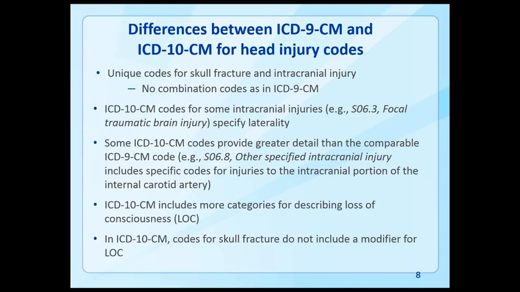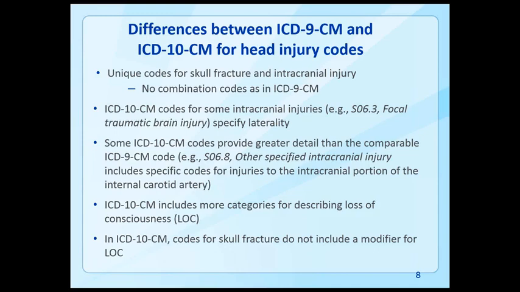Another thing I want to spend some time on is looking at the modifiers for a loss of consciousness. And in ICD-10-CM, there's many more categories than were available in 9-CM, and I'm going to show you those in just a moment. But I think there are some implications with regard to how ICD-10-CM might be used to identify minor traumatic brain injury.